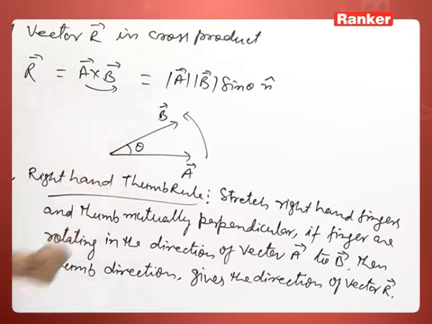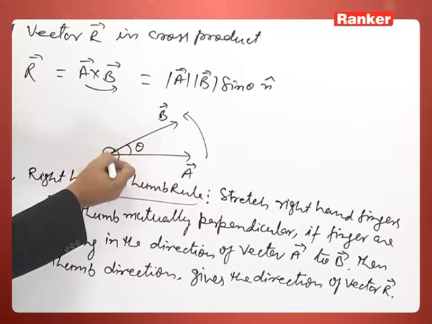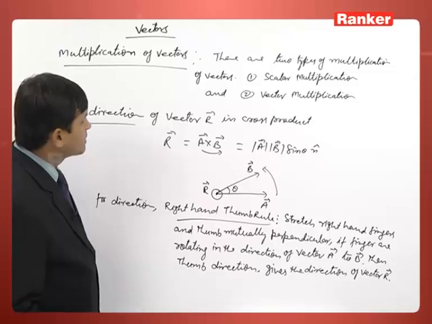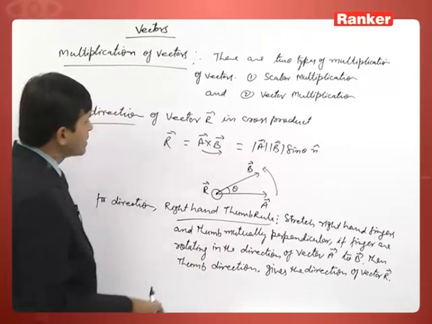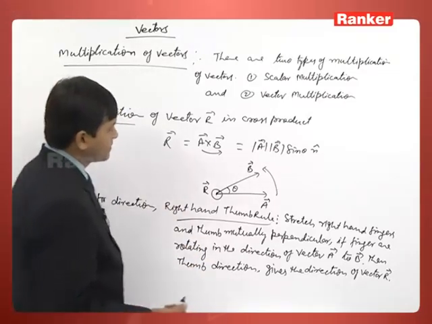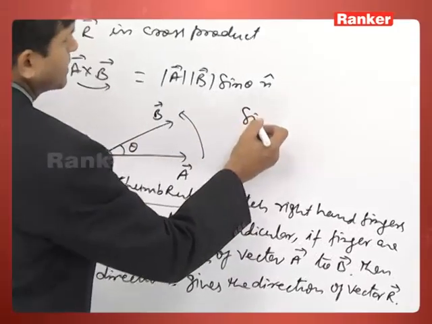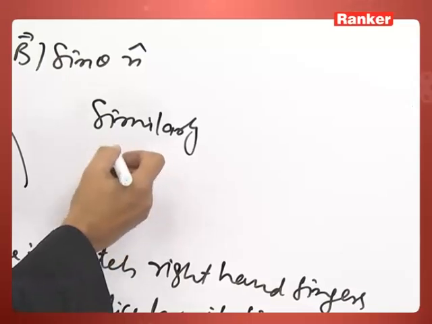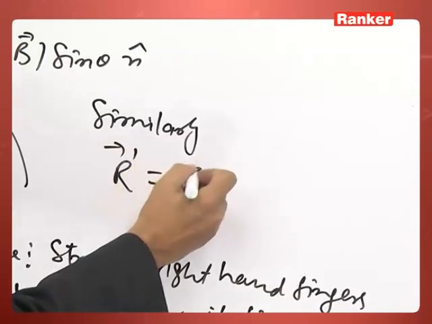Thumb is outward. So, that outward gives the direction of vector r. So, here we can use a dot. Dot gives the direction of vector r. Similarly, suppose we want r dash, another vector which is B cross A.